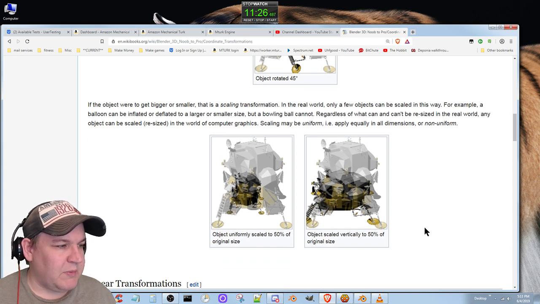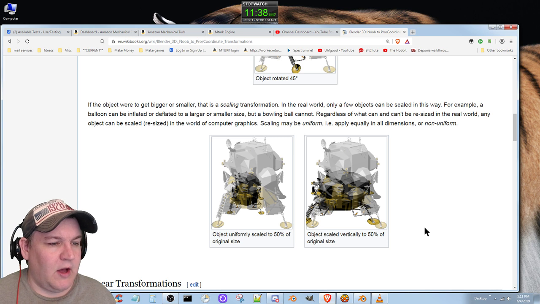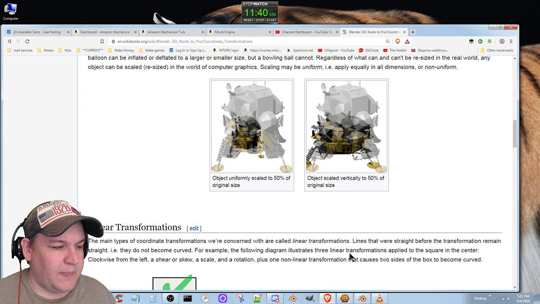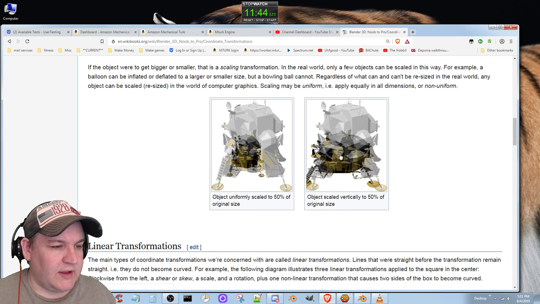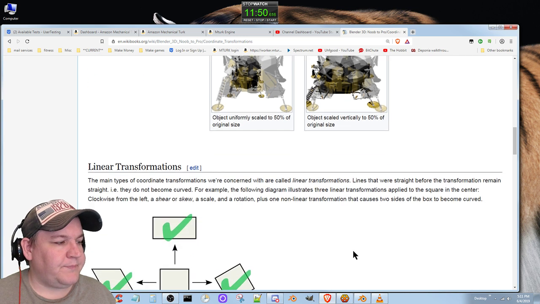For example, a balloon can be inflated or deflated to a larger or smaller size, but a bowling ball cannot. Regardless of what can and can't be resized in the real world, any object can be scaled in the world of computer graphics. Scaling may be uniform, i.e. applied equally in all dimensions, or non-uniform. See, like this one's squished right there, and this one's just like that.